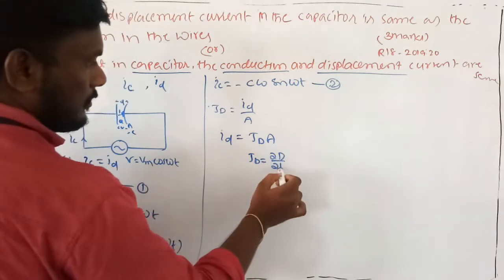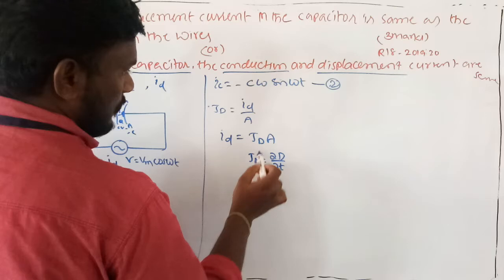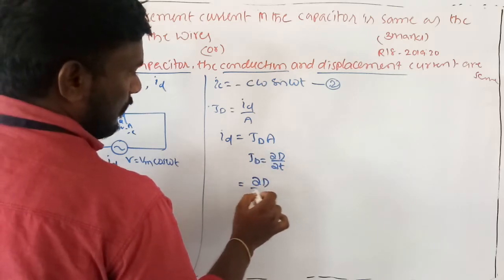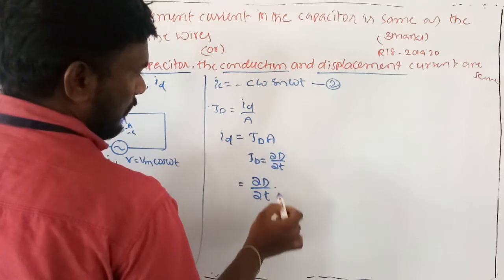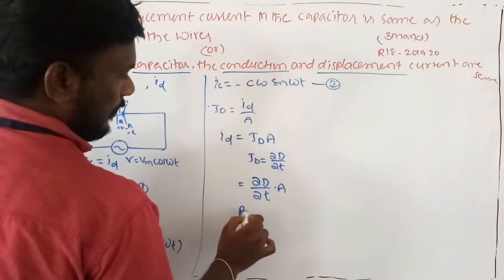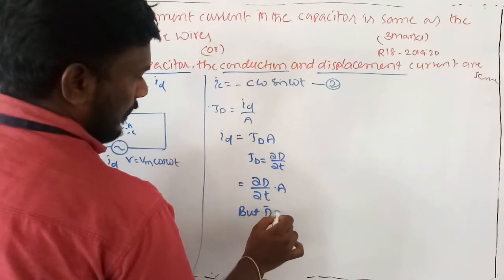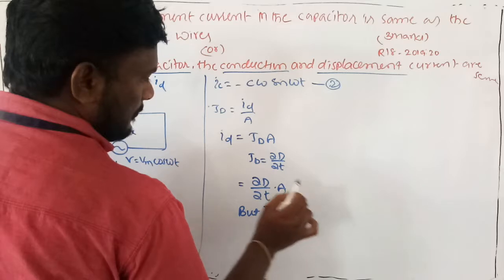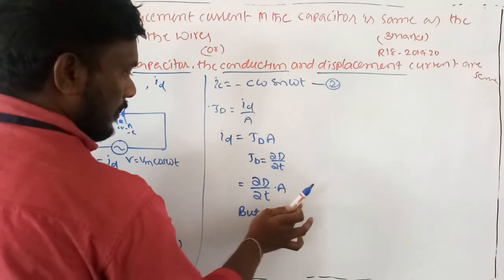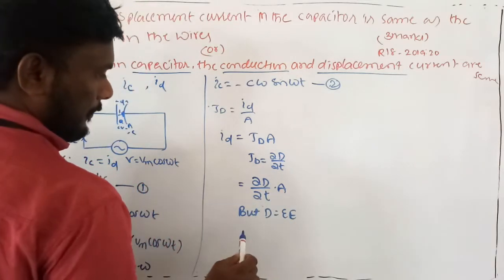Just substitute the JD value in this expression so that you get dou D by dou t into A. We have a relation between D and E: just write the magnitudes here, not vectors.